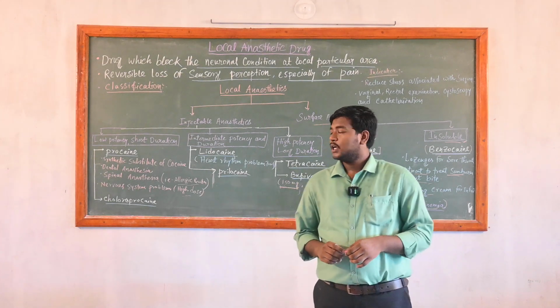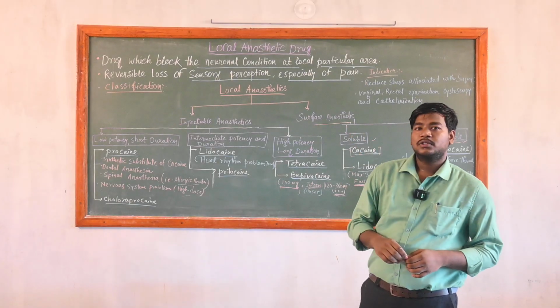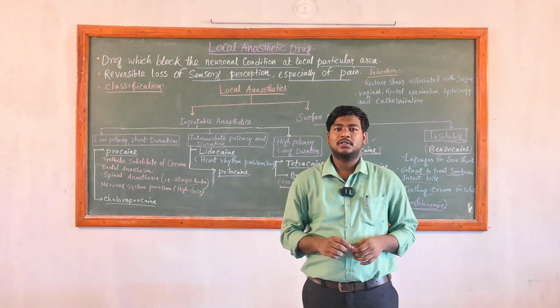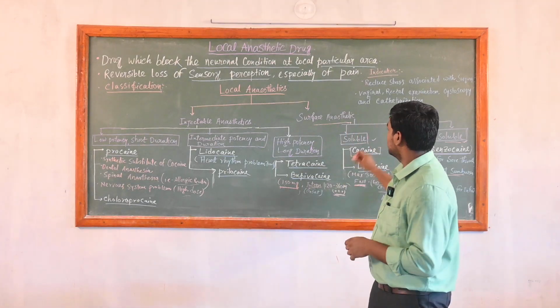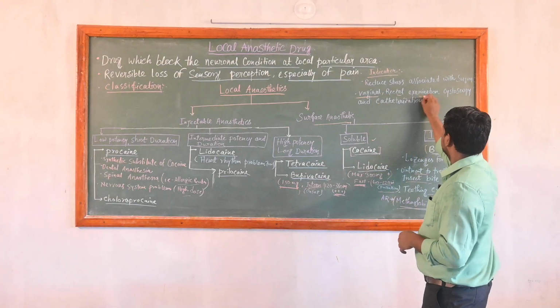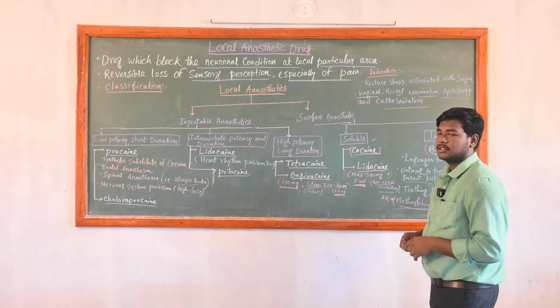So these types of local anesthetic are used. Local anesthetics are generally used after surgery for the prevention of stress related to the surgery. They are also used in vaginal and rectal examinations like cystoscopy and catheterization, etc.